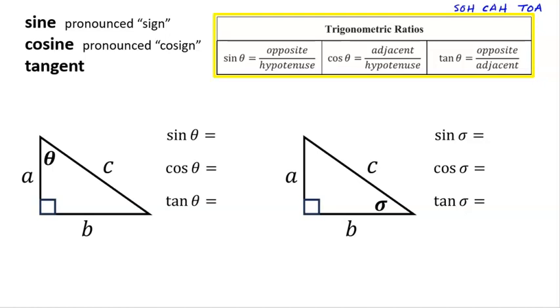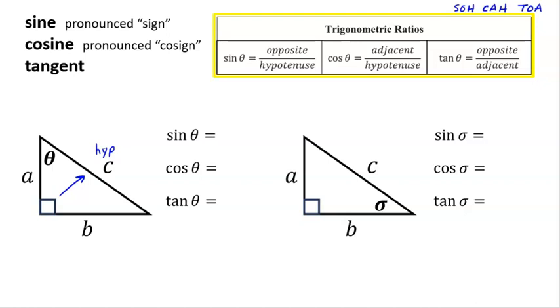With this first triangle, the very first thing we want to do is make sure that we mark our hypotenuse. And then from here, they're talking about a specific angle. So for this triangle, we have theta.